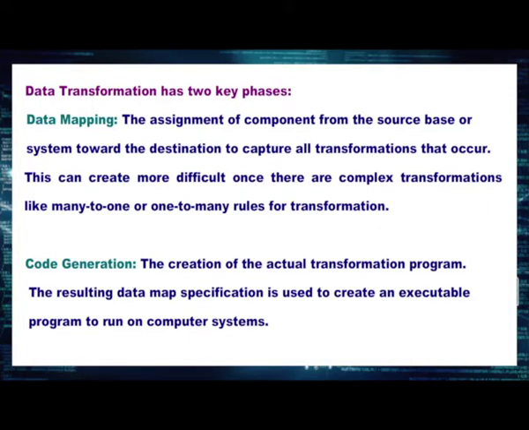The assignment of components from one source base or system toward the destination to capture all transformations that occur. This can become more difficult once there are complex transformations like many to one or one to many rules for transformation. Second one is code generation, the creation of the actual transformation program.